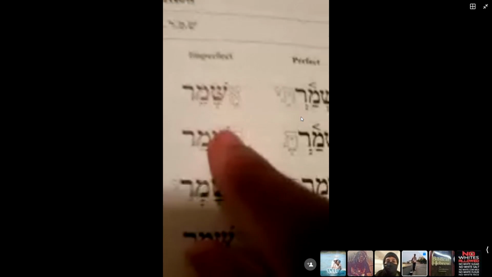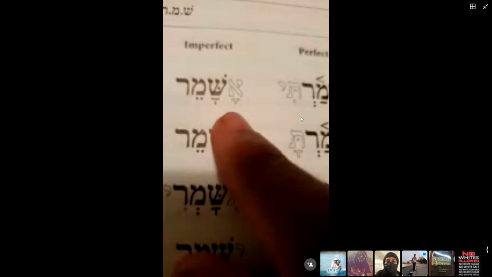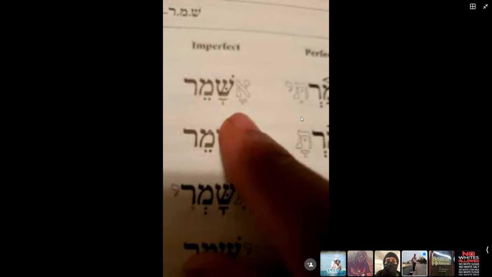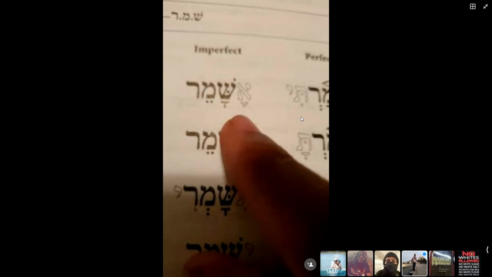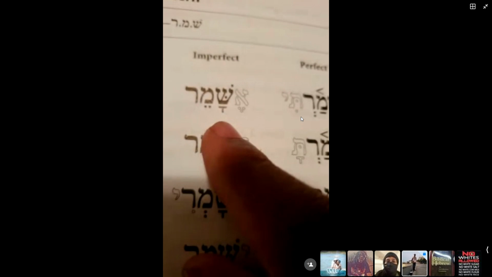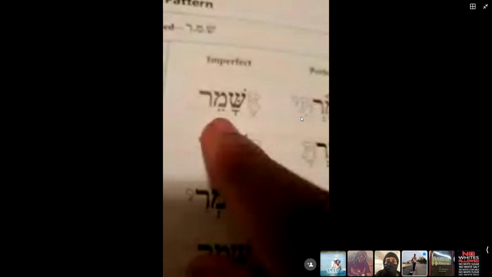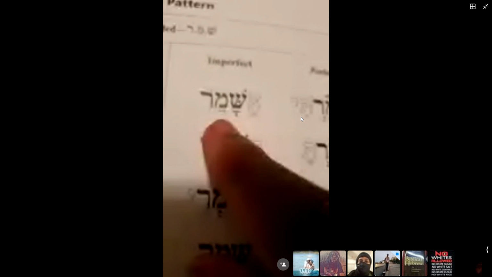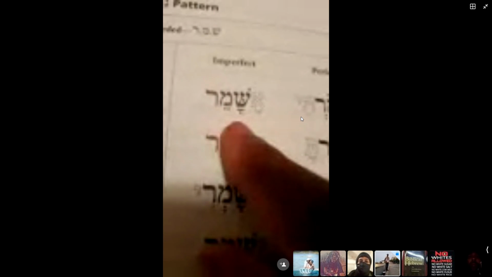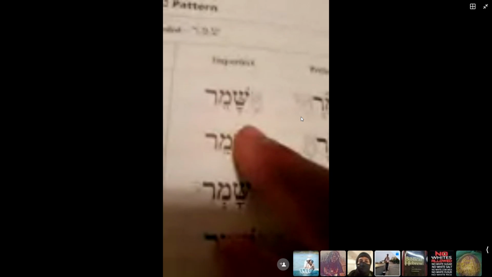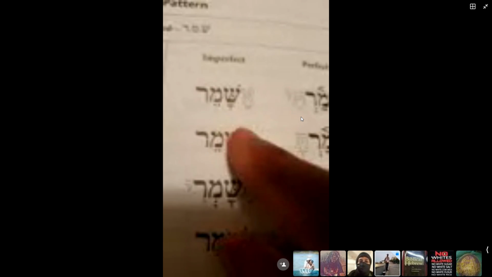It has this rhythm to it. As you can see, your first letter, your signal letter for your first person, has the E class vowel, the three dots. Then you have an A class vowel under the first letter of your verb root. Then you have the two dots on the second letter. So all that you have to account for is pronounced eshamer, eshamer, right?